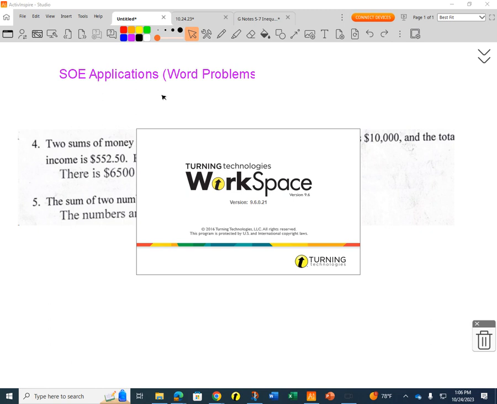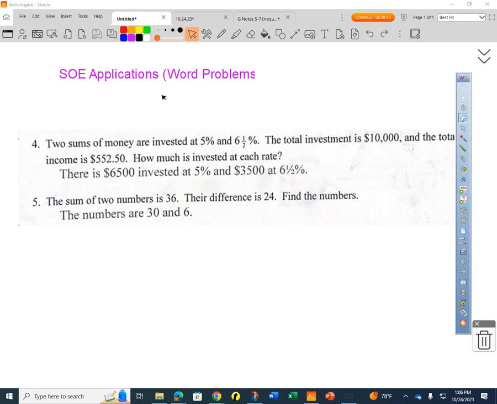We have to look for our special words: is means equals, in addition to means to add. A percent of, or usually the word of, means we're going to be multiplying. That's the kind of stuff we're looking for. So we're going to start with number 5 because it's a little less intimidating with no percent symbols.